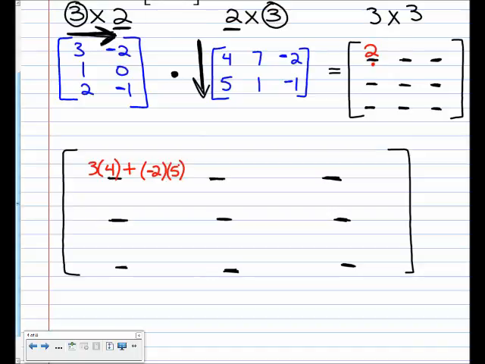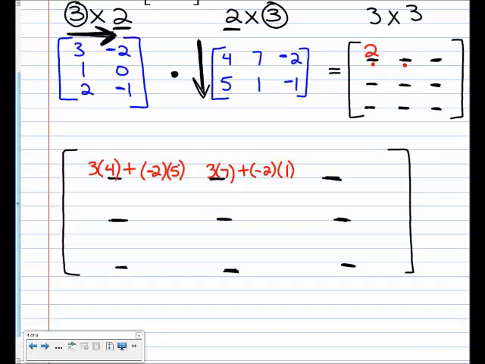Watch where I go. That number is still in the first row, but now where did I go? The second column. So I'm going to multiply the first row times the second column. So 3 times 7 plus negative 2 times 1.